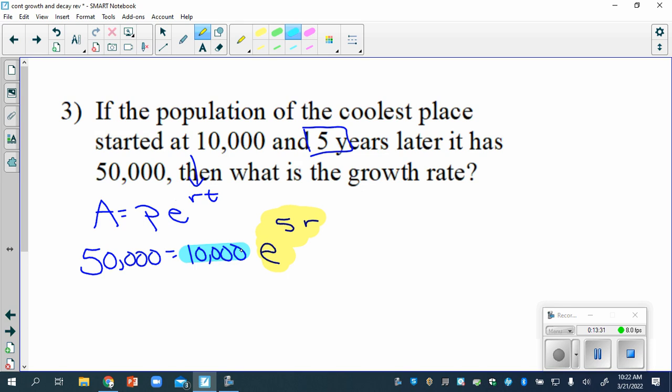So where does the 1.6 come from? When you actually do ln 5, that comes down, and then you divide that by 5. So let's do exactly what it says.